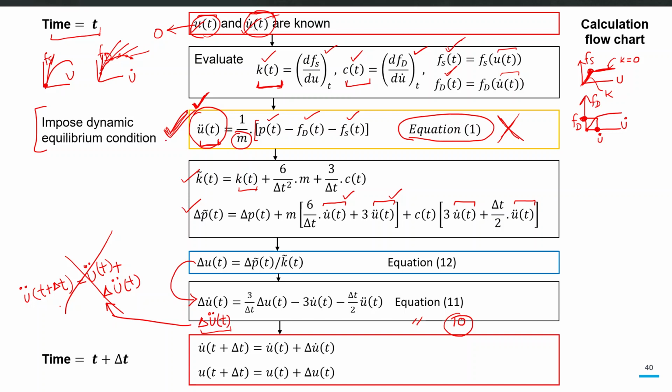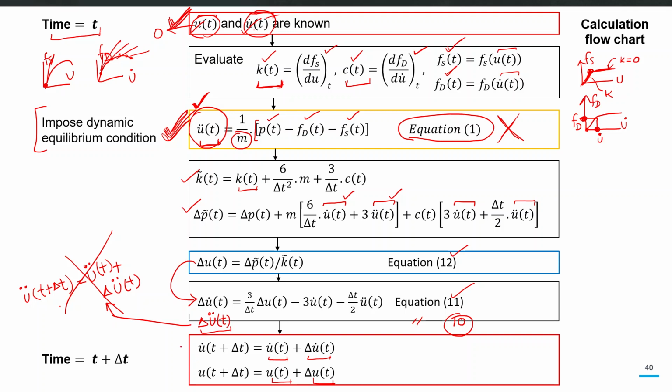So for any time instant, u double dot will be coming from equation 1, but the u and u dot will be coming from these calculations. Delta u will be calculated using equation 12, and it will be converted to delta u dot using equation 11, and we will add these two increments to the starting values, the values from which we started, to get the values of displacement and velocity at t plus delta t.